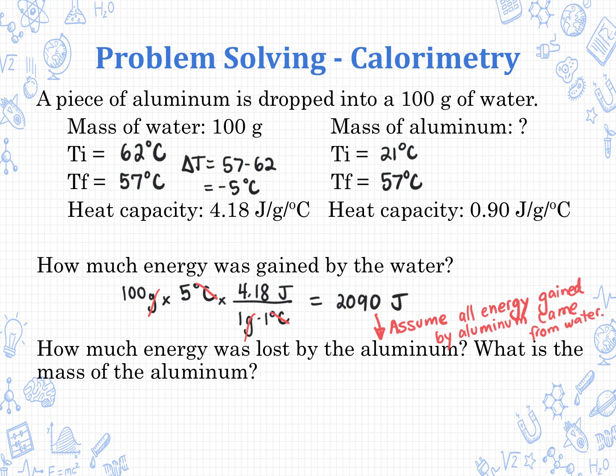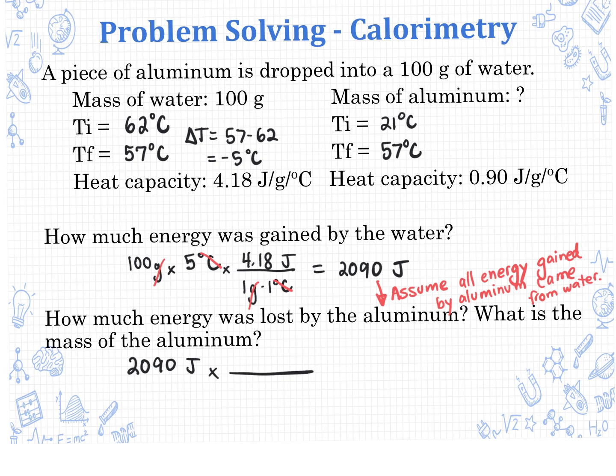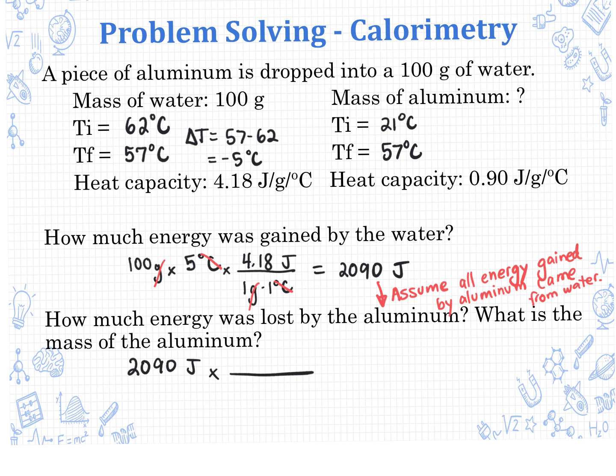So that's our starting point for our second step, 2,090 joules. And the heat capacity, the relationship that applies for aluminum, is 0.9 joules for 1 gram and 1 degree Celsius. So we're actually going to divide by the heat capacity because we know how many joules we have to spend, and we're looking at how many degrees Celsius we can get and how much mass we can heat up.